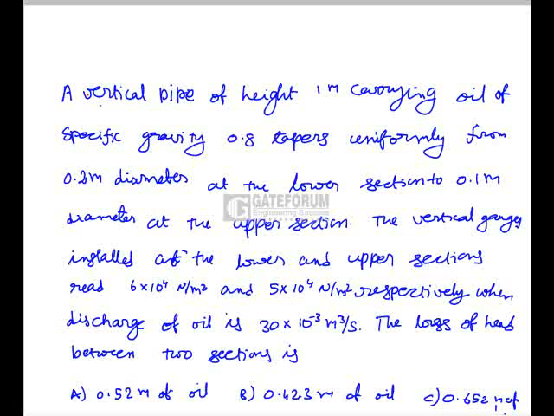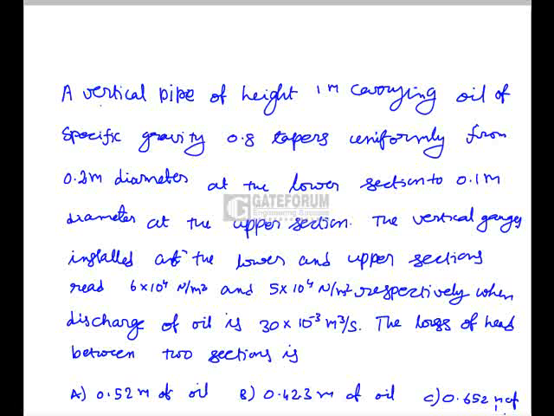Here the loss of head between two sections is asked. A vertical pipe is carrying oil of specific gravity 0.8, and we don't know whether it is flowing from the lower section to the upper section or from the upper section to the lower section, but we can apply Bernoulli's equation between the two sections.